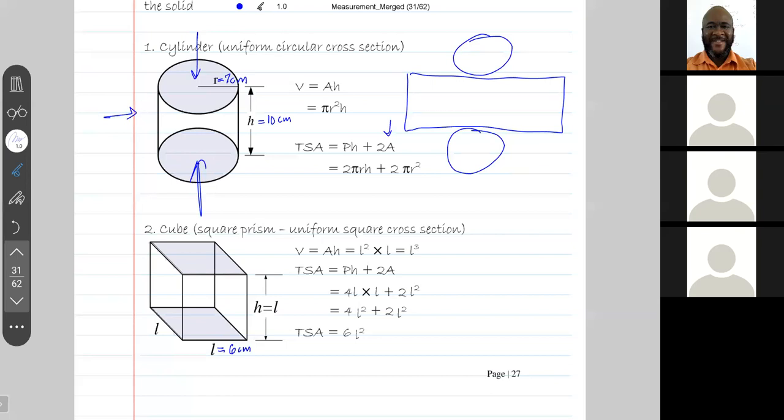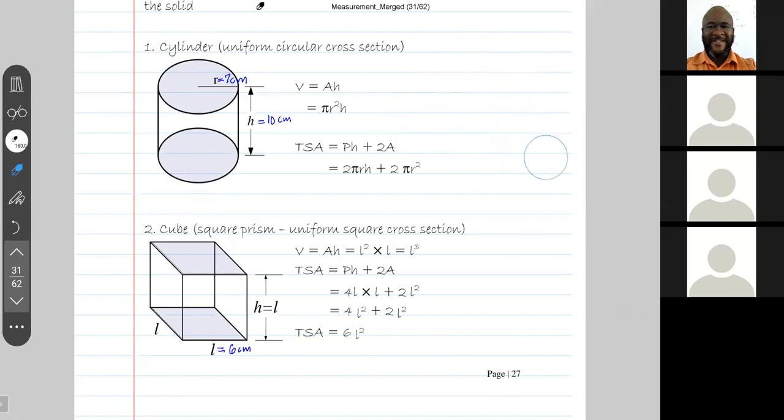Guys, stay with me. Now, very quickly, I'm going to calculate the volume and the total surface area of this shape. The volume for all solid shapes with a uniform cross section is V equal to A times H, where A stands for the area of the uniform cross section.